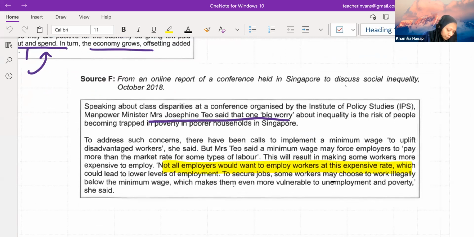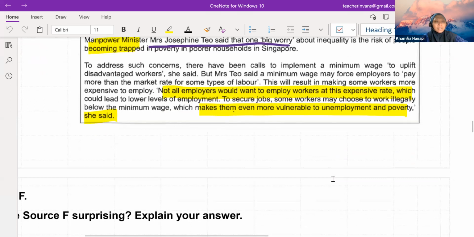It will make them vulnerable, it will make them have no jobs, because no one is going to pay for something that is extra. So she says that even though she is manpower minister, she doesn't think that a minimum wage law will help. In fact, as a minister for manpower, she's very worried that people are not going to be employed. Okay, so let's take a look at the answer.